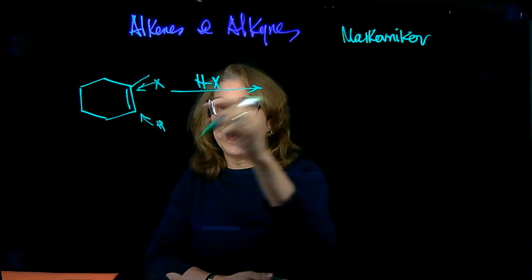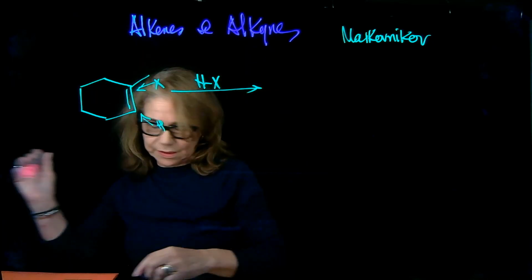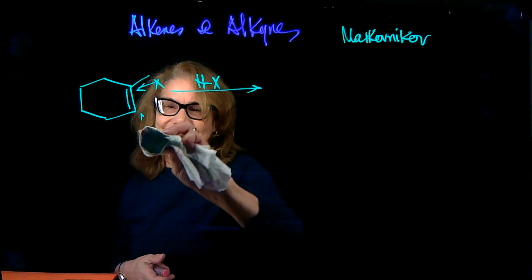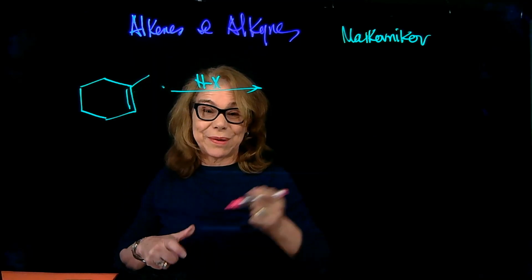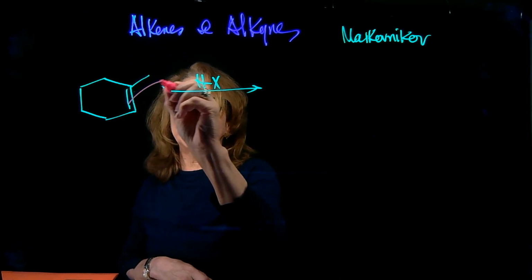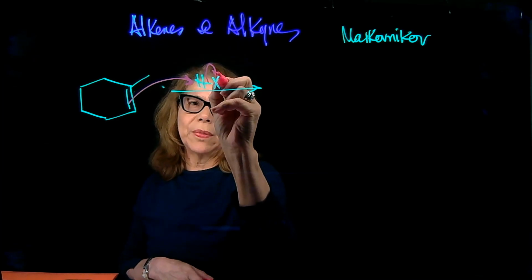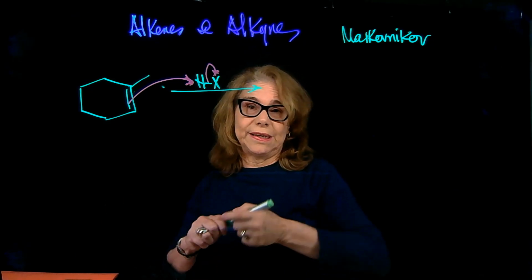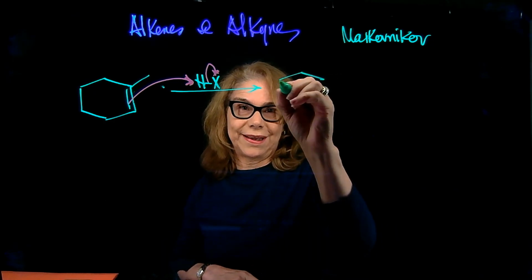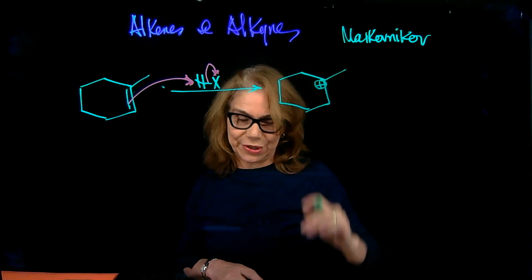The reason for that is in the mechanism. It's better to show the mechanism, but I'm not going to do the mechanism for everything. If you add that H at the least substituted carbon, you're going to create a more stable carbocation. So here the carbocation is tertiary.